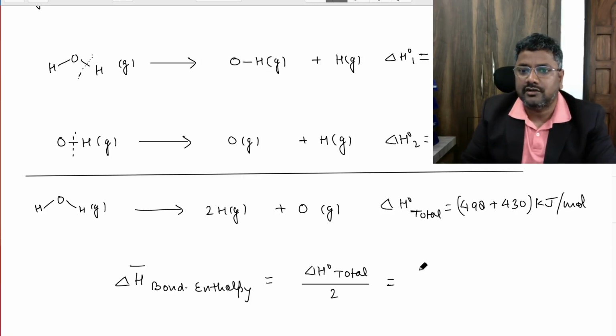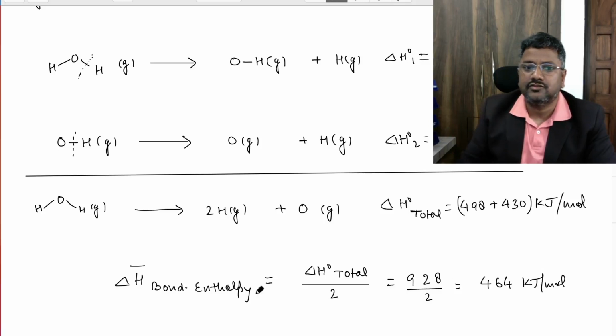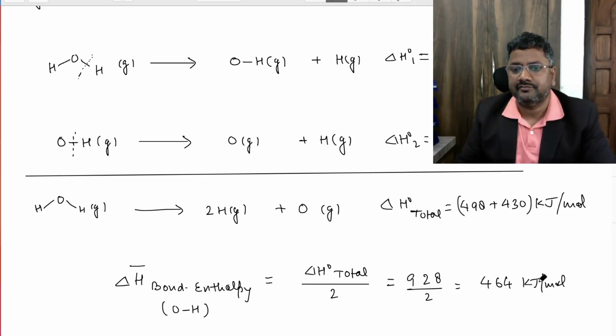So this is equal to 928 by 2, which is 464 kilojoules per mole. So this is the average OH bond enthalpy, right?